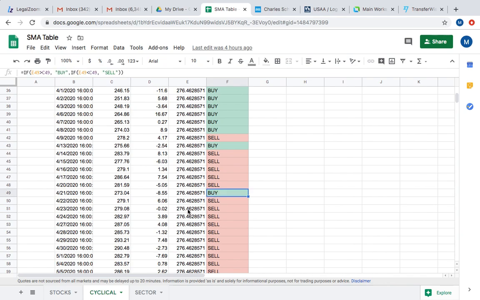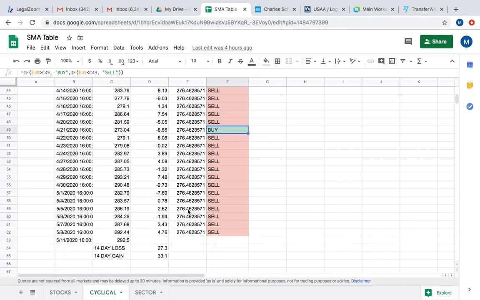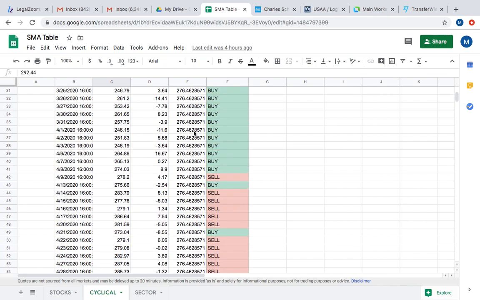So we flashed a buy point right here, and then hypothetically, if you had bought, you could be up to 292 on that investment as of the 8th of May. So that's about a week and a half, basically, up 20 points on an index. That's pretty impressive. Now, the market conditions right now are pretty volatile, so that can explain some of that.